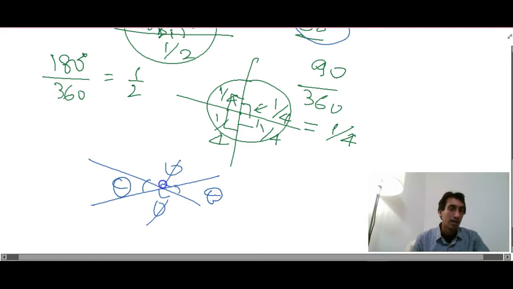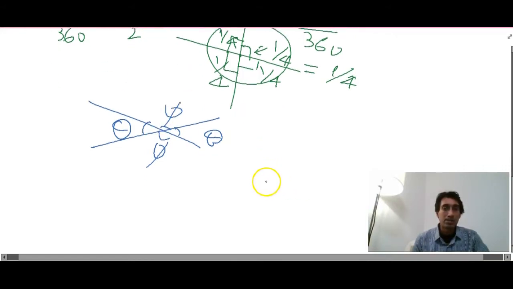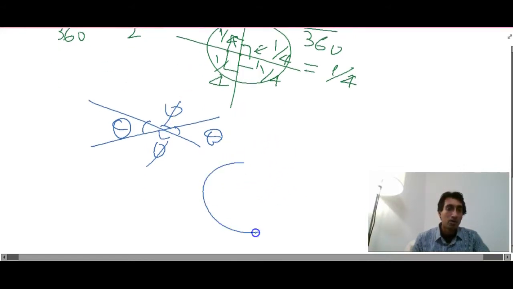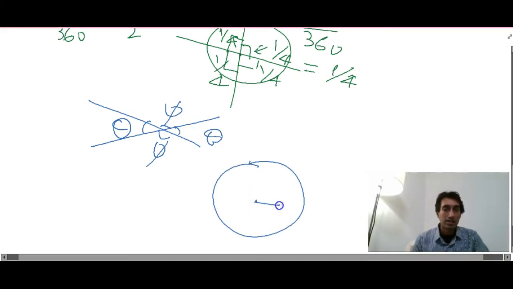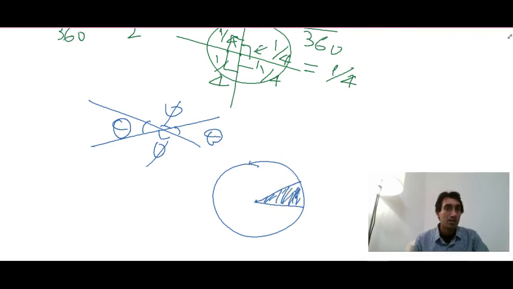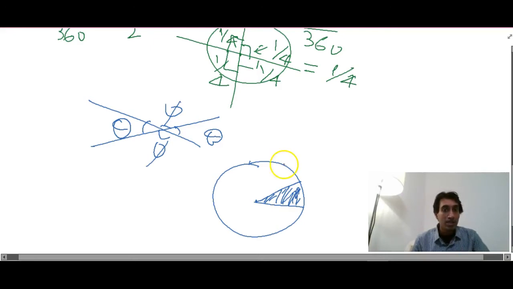The second concept is that for any circle, and there is a sector in that circle, if I shade this sector, the area of the sector will be in proportion with this angle.